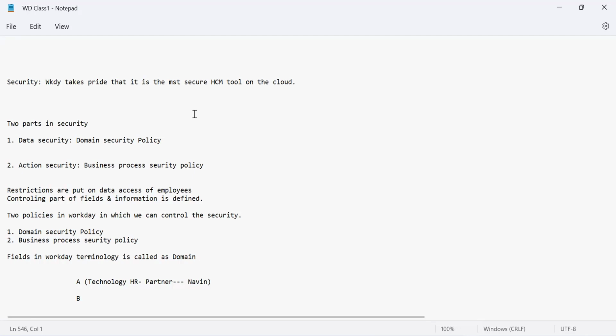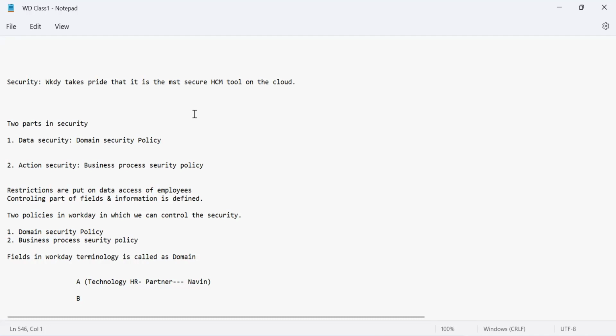So if you are able to view that, which means you have view access, you are able to read that, you have a read access, but you cannot go ahead and make any changes to that, which means you have a restriction. But who will be a person who can change that? There must be somebody who can change that, right?